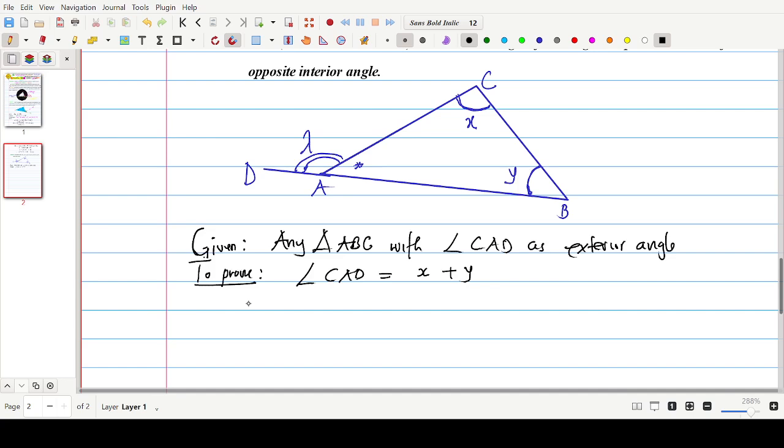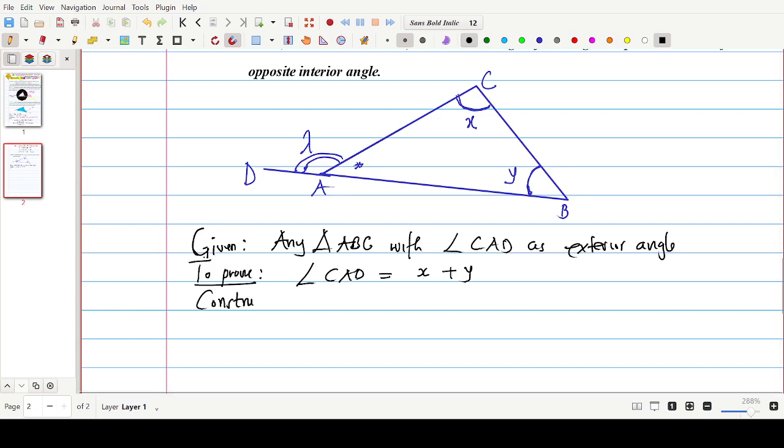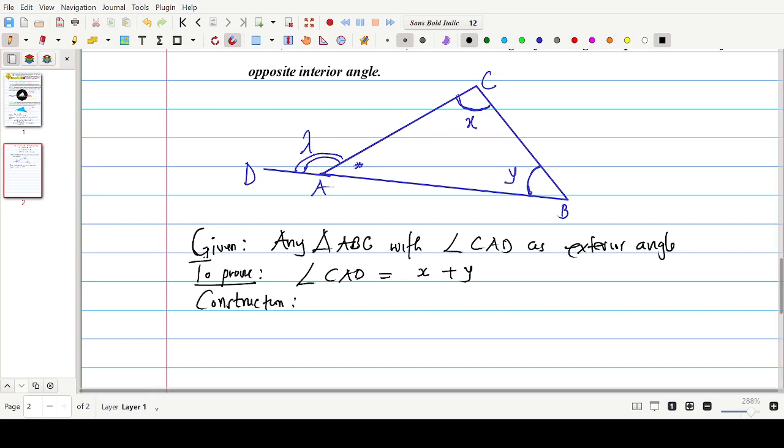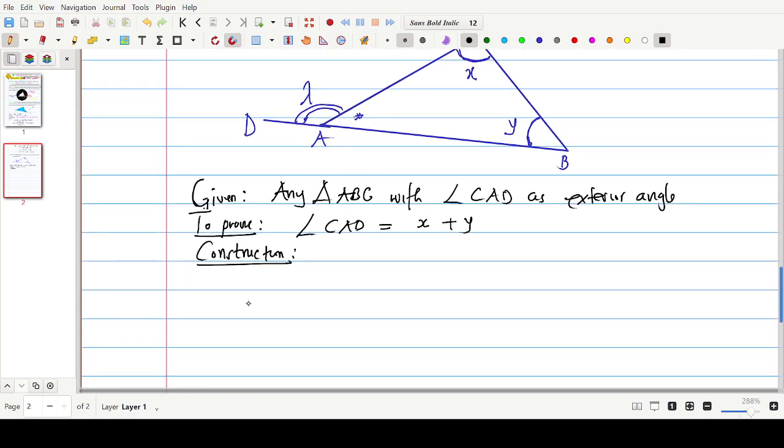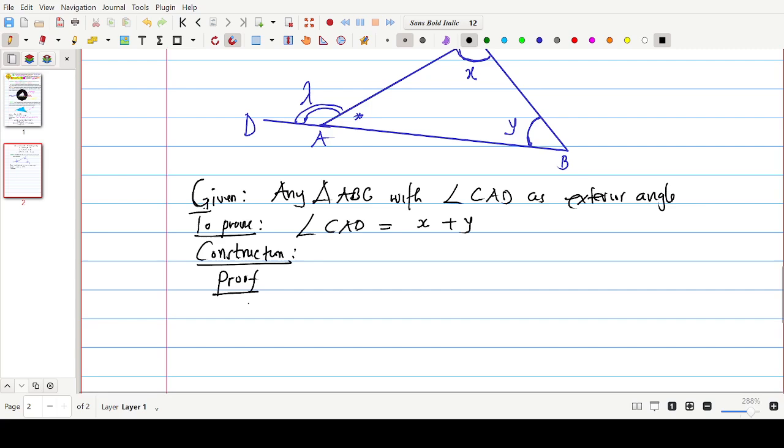So in the line of construction, nothing will be there. We are not constructing. Lastly is the proof, and the proof should be in the form of a reasoning argument. So in these steps, the only step that is not necessary is the construction step.